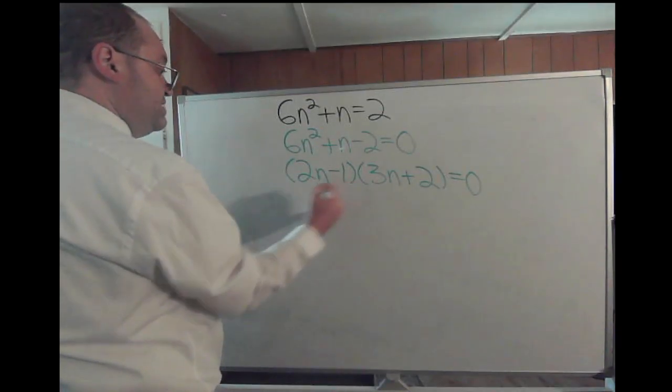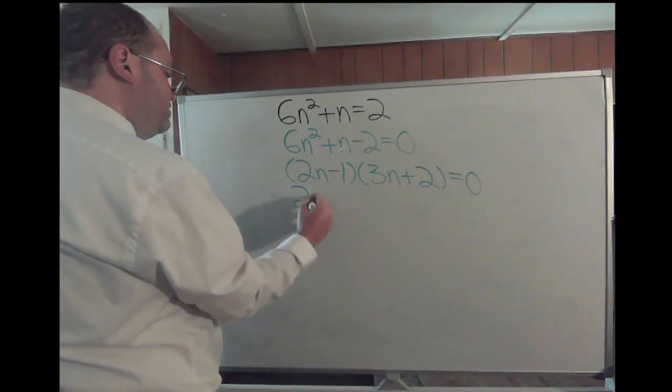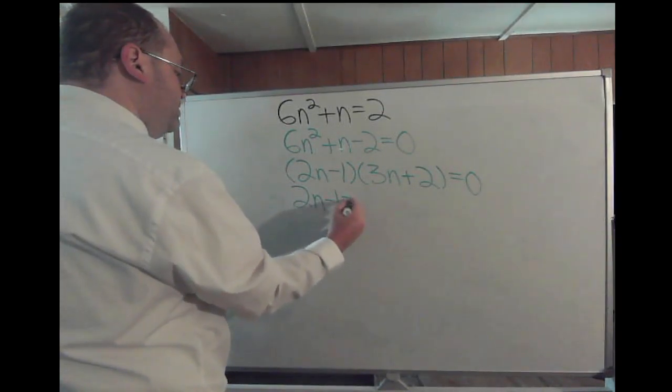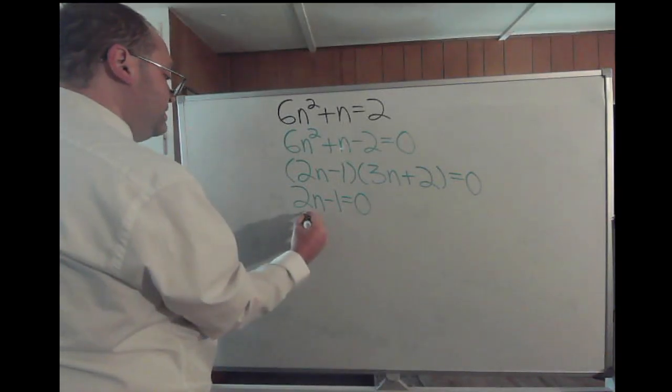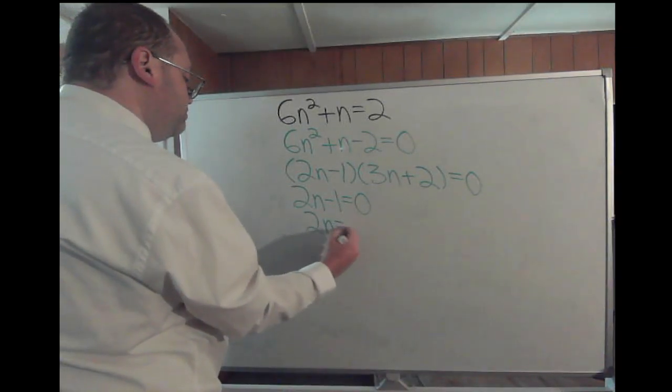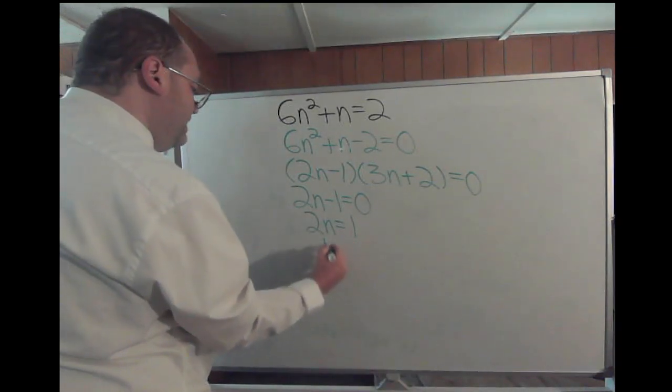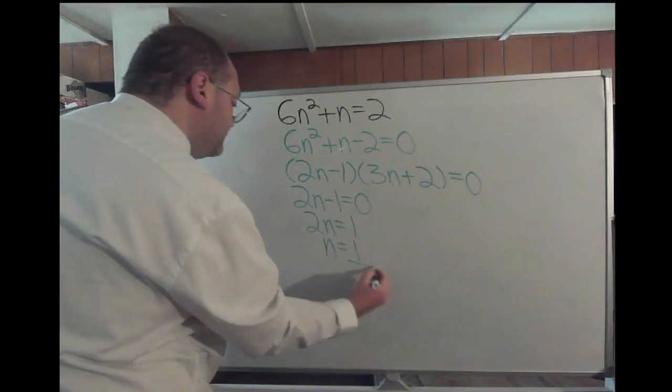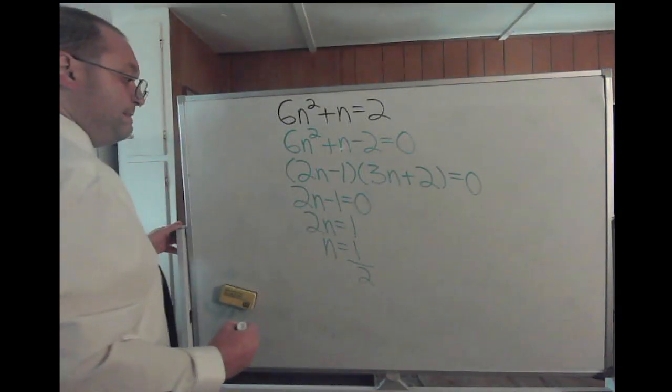Take each of those, set them equal to 0. You would get 2n minus 1 equal to 0, so then 2n equals 1. n would equal 1/2. That's one solution.